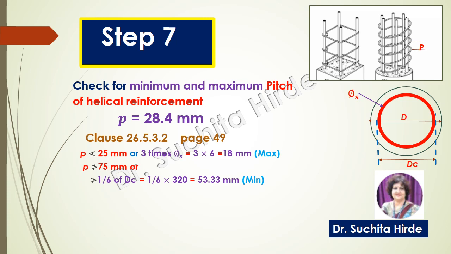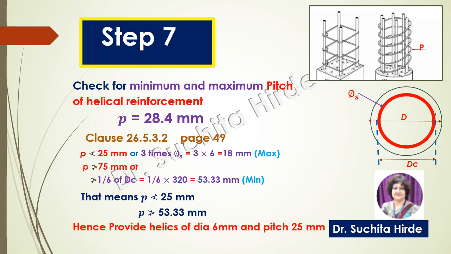So minimum limit is 25 millimeter and maximum limit is 53.33 millimeter. So pitch should not be less than 25 millimeter or more than 53.33 millimeter. Therefore, we will provide helix of diameter 6 millimeter and pitch as 25 millimeter.